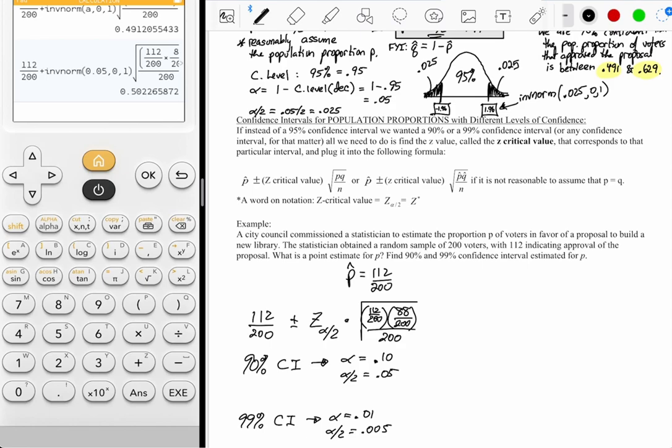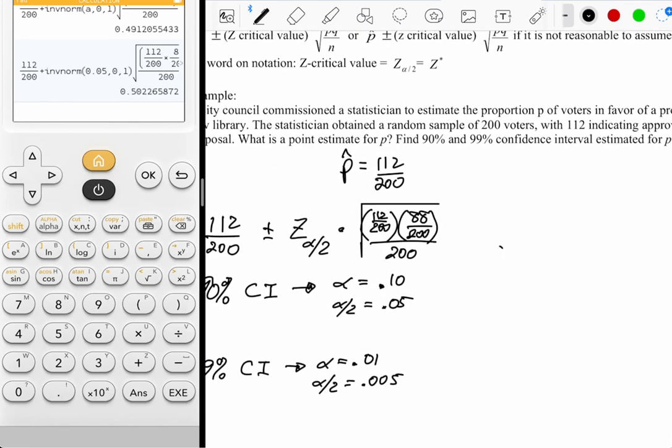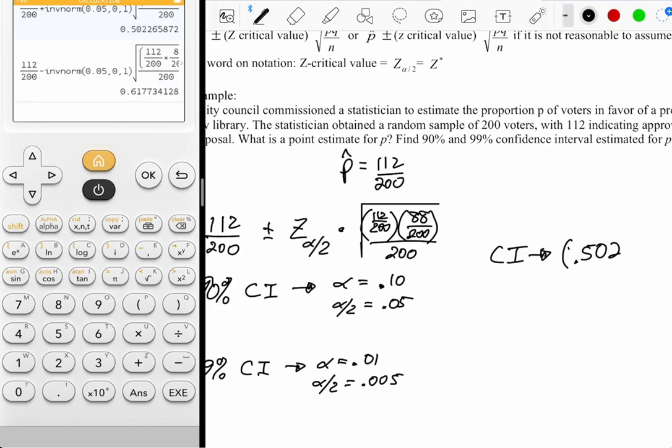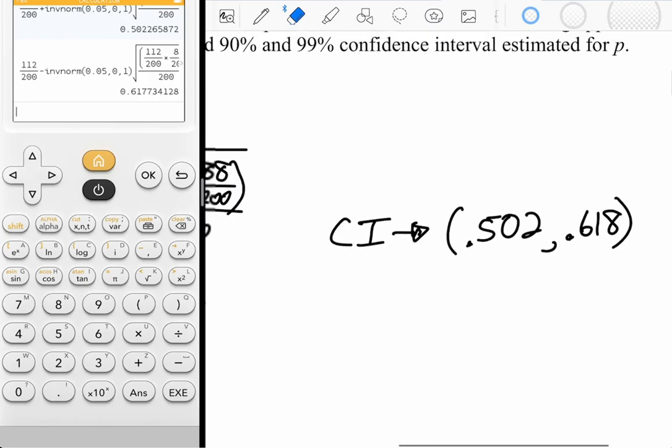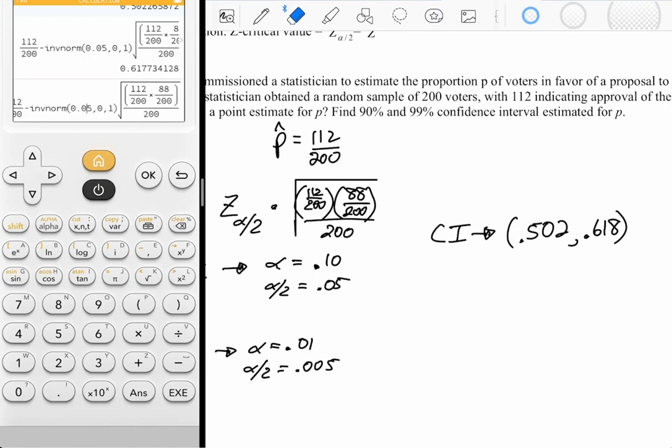0.05. On the low bound, we're going to get 0.502. So the CI, confidence interval, is going to be 0.502, and then I'll do it again with a minus, 0.617, 0.618. And then just do it again, this time with 0.005.